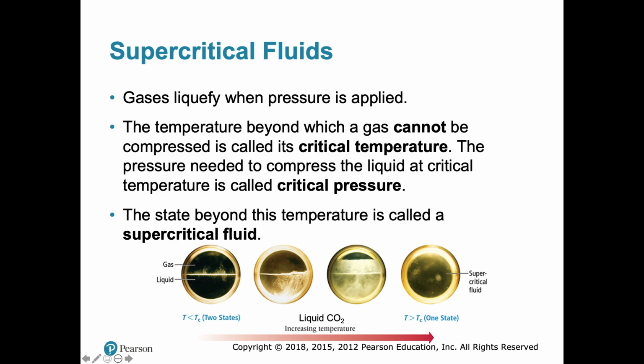Okay, so there's this thing called the supercritical fluid, right? Gases liquefy when pressure is applied, which I just said, right? You have water vapor, and you push down on it really hard, and it turns into liquid water even without any cooling, right? And then the temperature beyond which a gas cannot be compressed is called the critical temperature. The pressure needed to compress the liquid at the critical temperature is called the critical pressure, right?